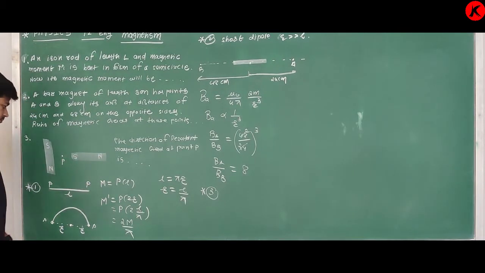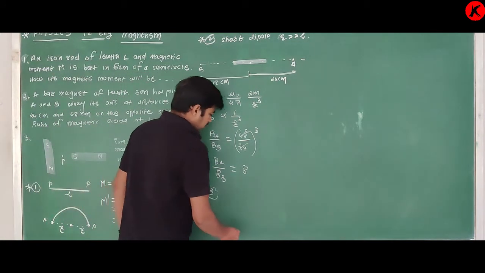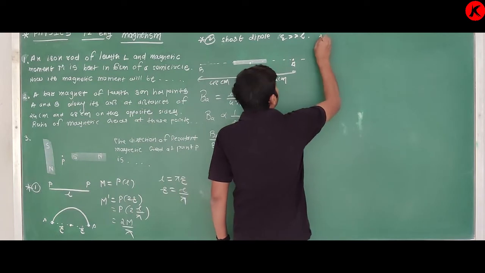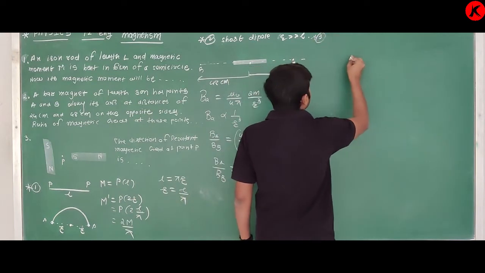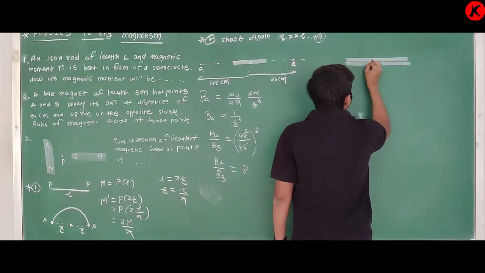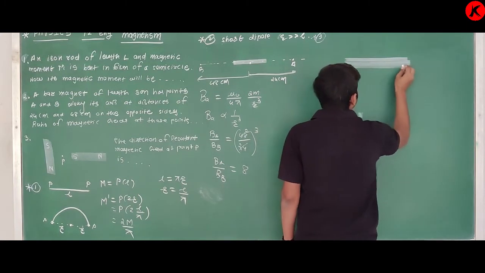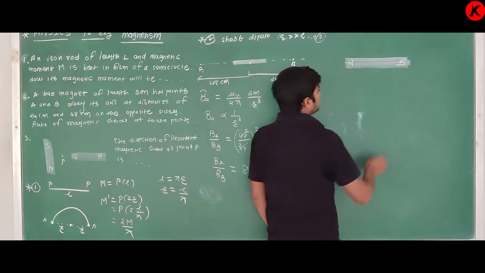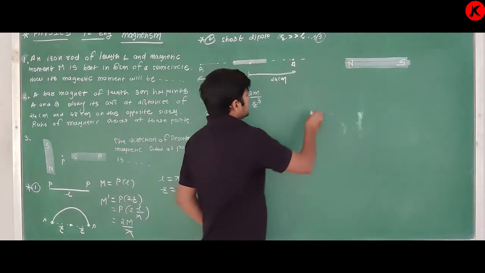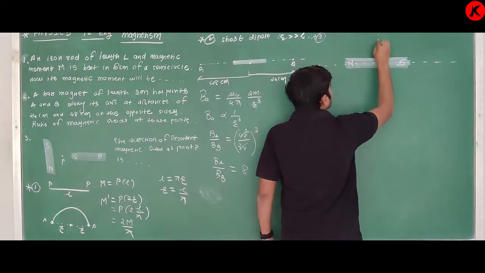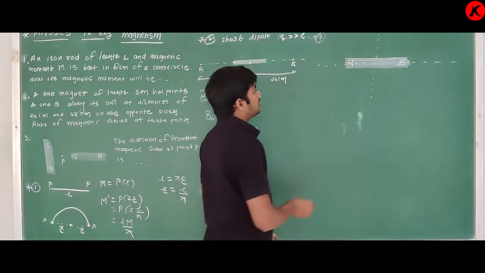First of all, suppose you are given one bar magnet, like this. It has its north pole and its south pole, its axis, and its equator.